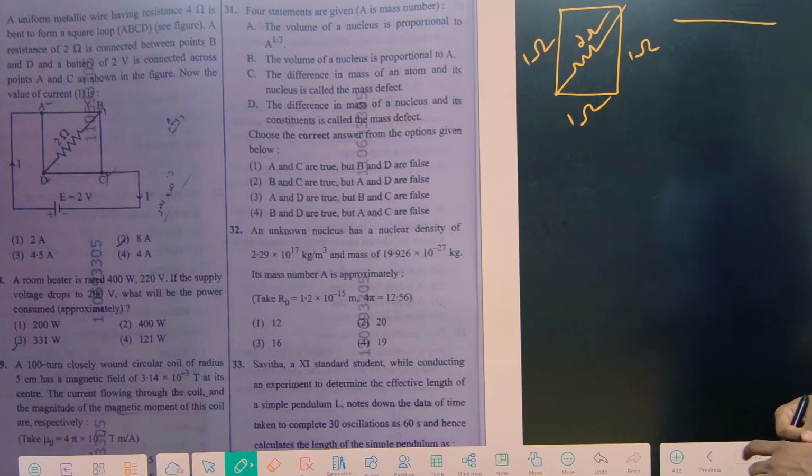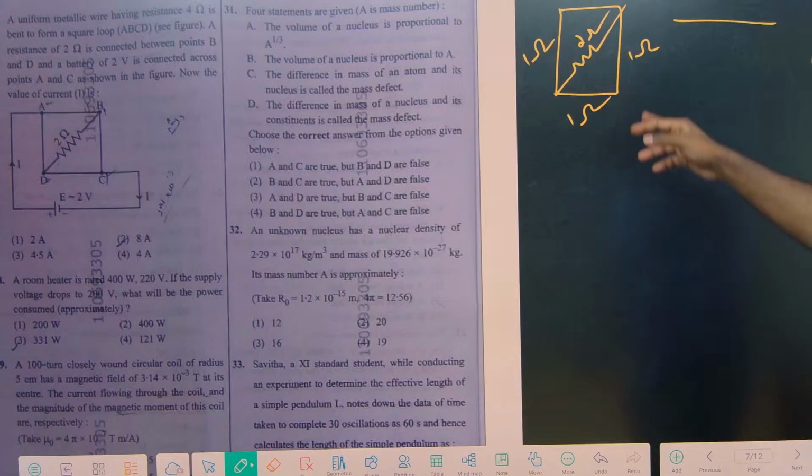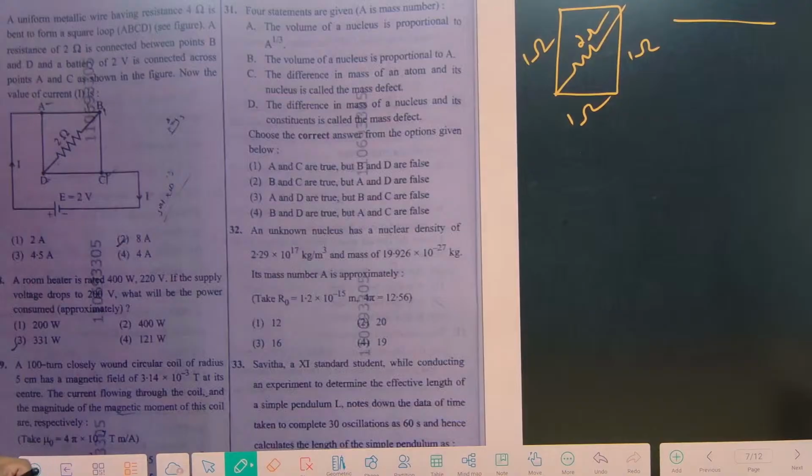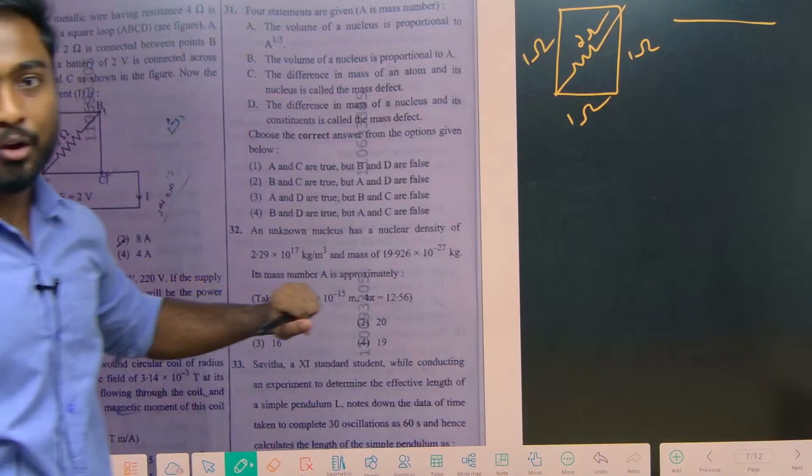Which means I can talk about a Wheatstone bridge. In a Wheatstone bridge, the middle part gets cancelled off, and then I can take it as a series and parallel combination.